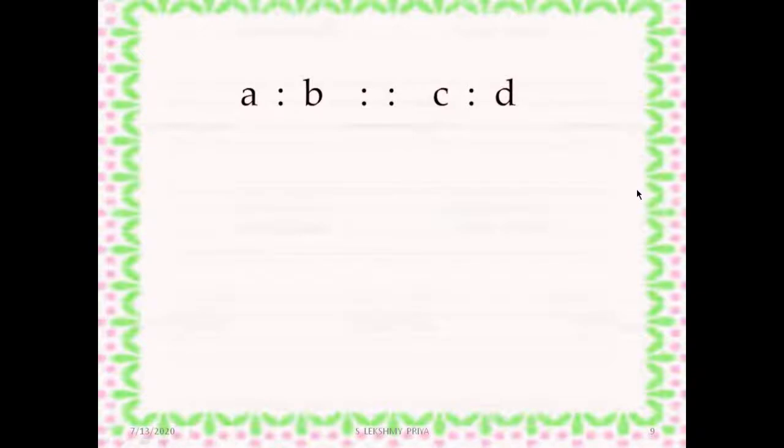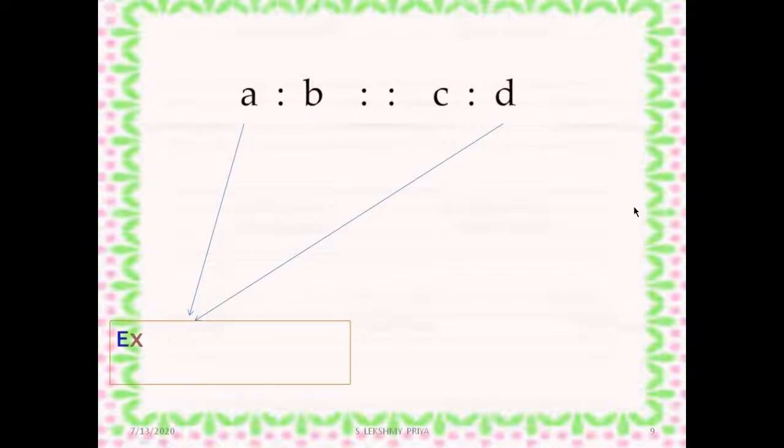In this proportion, let's consider the first and the last term together. The first term is A and the last term is D. The two terms together we can give one name. The name is extreme terms or extremes. So in a proportion, the first term and the fourth term together have one common name, extremes.